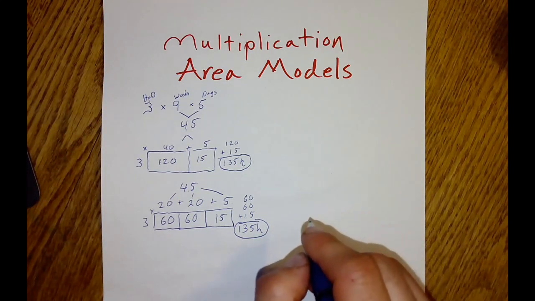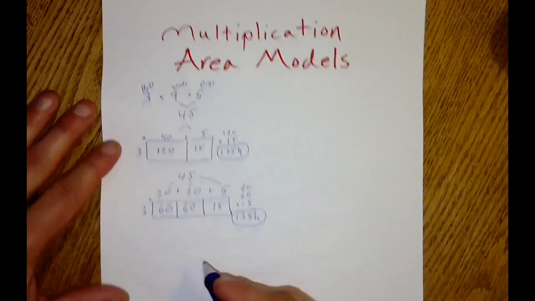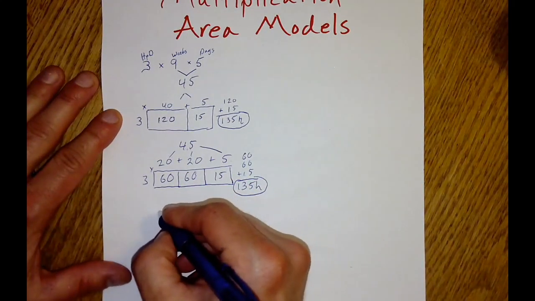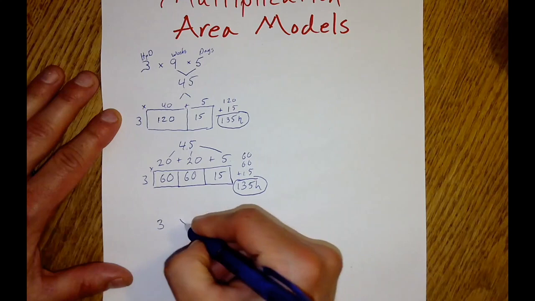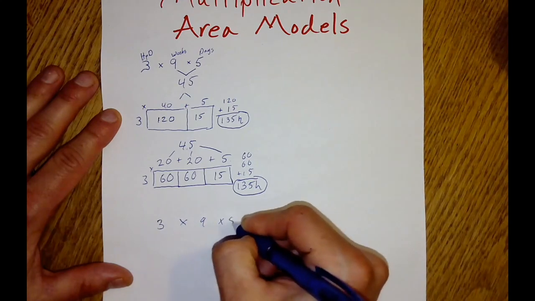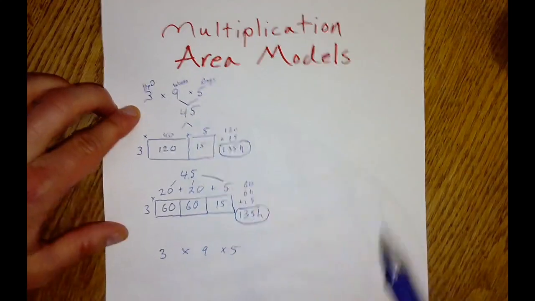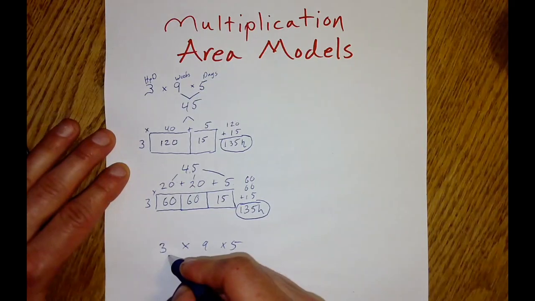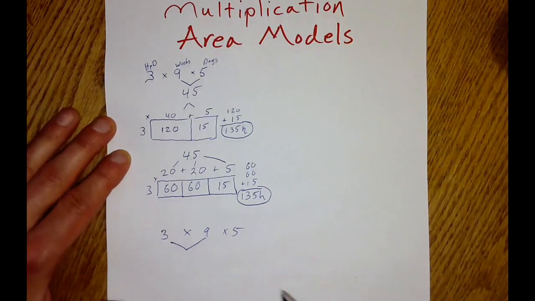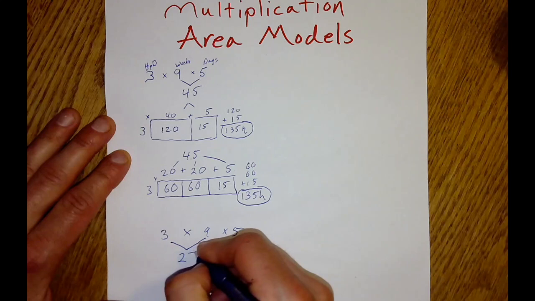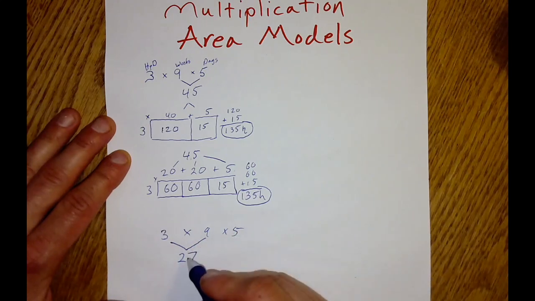I want to show you what another method might look like. Let's say I took this 3 times 9 times 5 I had at the start of my problem, and I began by multiplying these 2 factors to get a product of 27. Now I'm going to take that 27 and decompose it.